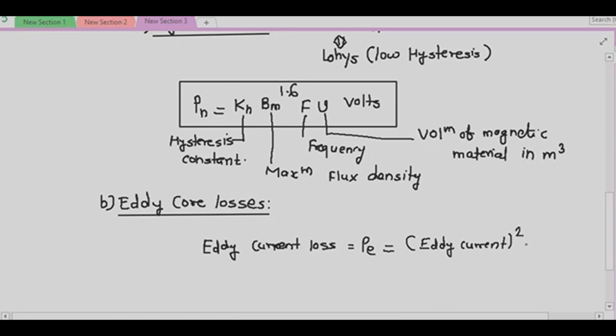What is small r? Small r is the resistance of the core.